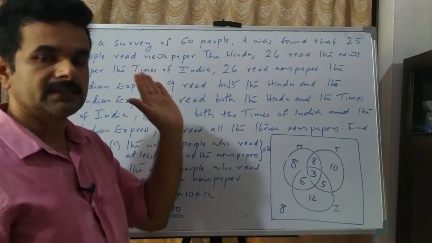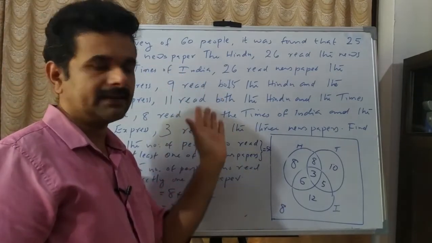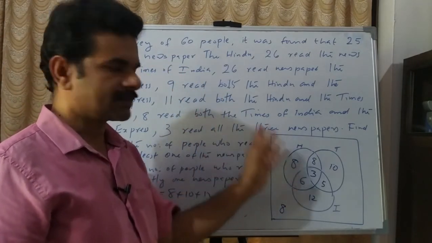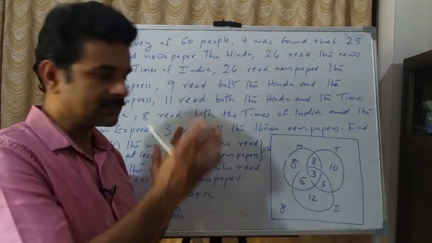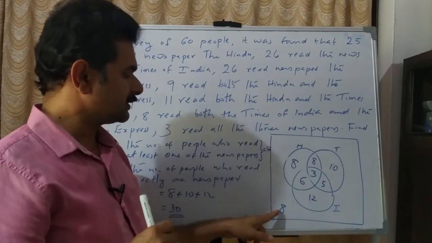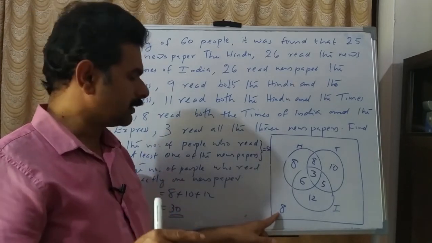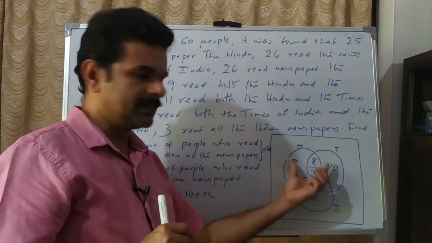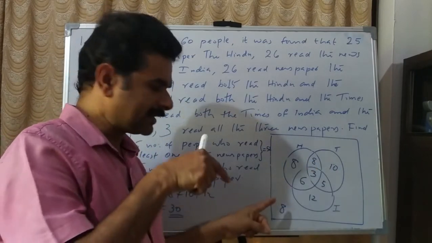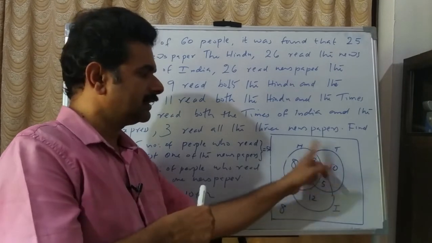This means some of the people were remaining and they are not interested in reading these newspapers, so they may read some other newspapers. That is to be noted, and the number of such people is 8. That is marked outside these sets, but inside the universal set.